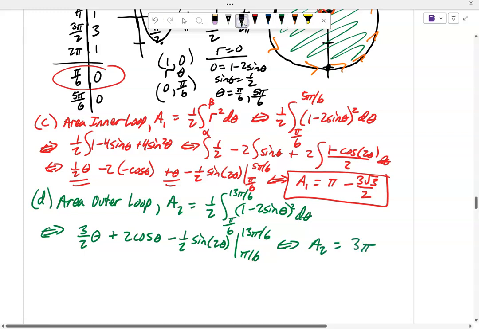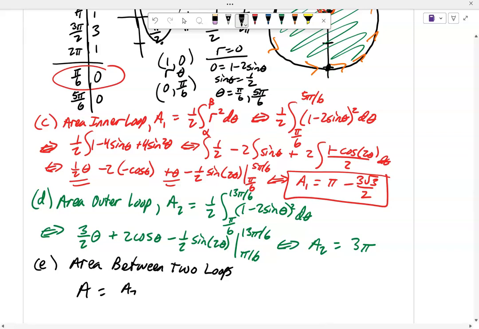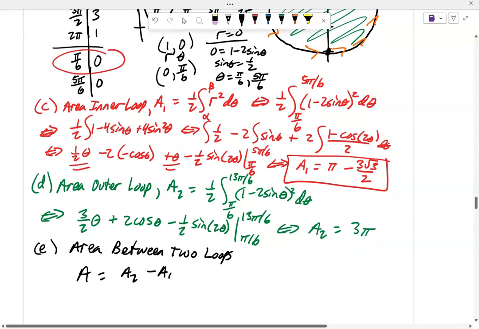So lastly, the area between the two loops would be area 2 minus area 1.